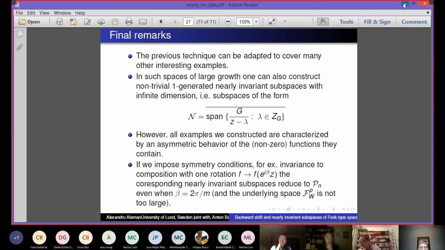I'm not sure. I have to look at it. But in general, the theorem is about one rotation, no matter. If it's irrational, then of course you can iterate it, and you have many rotations. But if it's rational, then it's unexpected. You would say, well, why can I do that? My guess is you cannot do it. You get the whole space. Okay. Thank you.